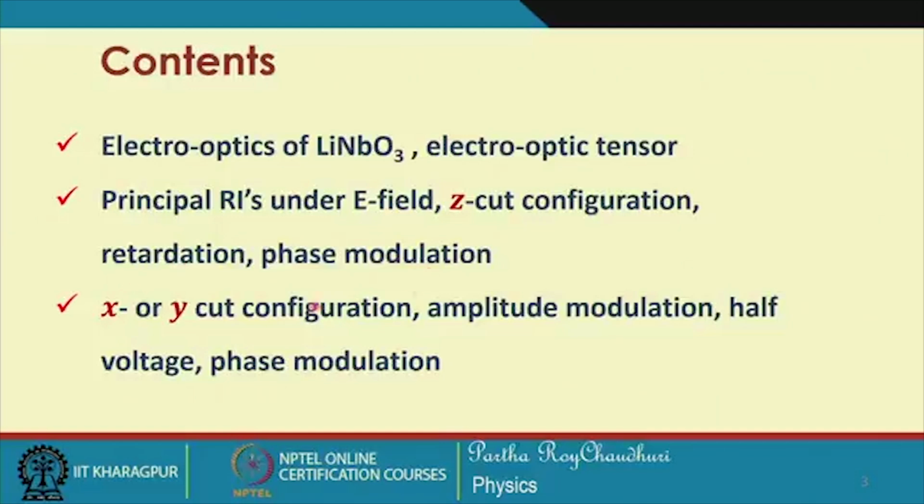In that configuration, for retardation and phase modulation, we will see that in the longitudinal configuration no amplitude modulation is possible. Then we will look at x and y cut configurations, where amplitude modulation is very effectively possible, and then we will look at the half voltage and the phase modulation properties.